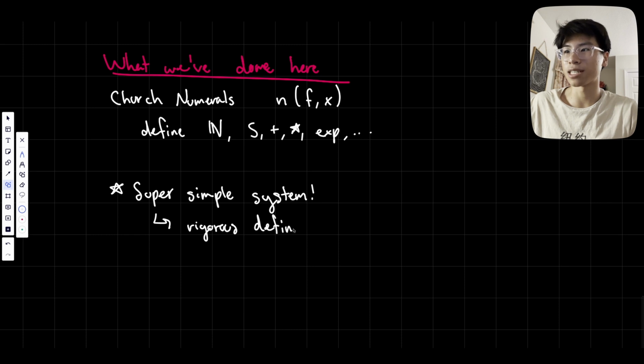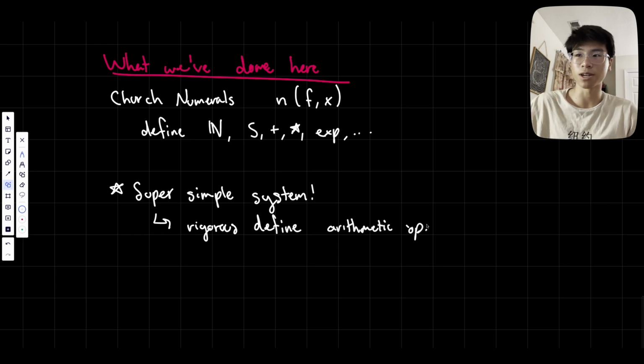arithmetic operations. And the thing about this rigorous definition is it's useful in some programming languages, especially functional languages. Their programming language is actually built on this sort of mathematical structure where we only use functions, known as lambda calculus.